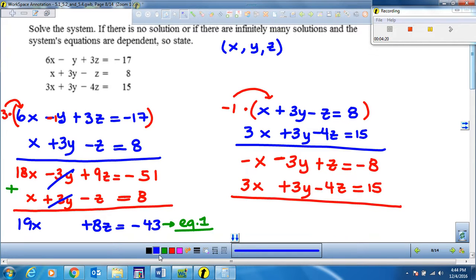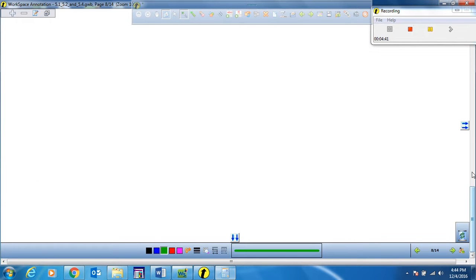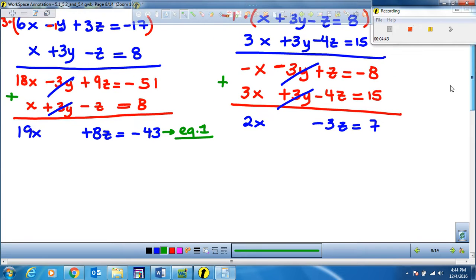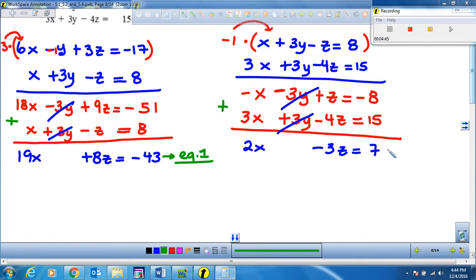So you start adding. Negative 1x plus 3x, 2x, negative 3y plus 3y cancel, 1z minus 4z, negative 3z, negative 8 plus 15, positive 7. So that one is equation 2. Let's call it equation 2.